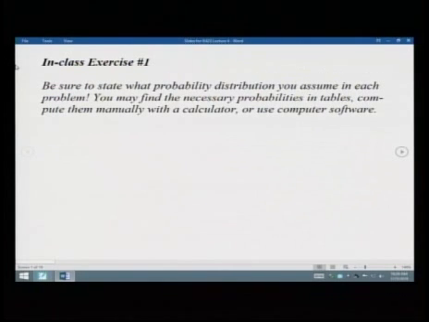Please be sure to state what probability distribution you assume for each question. And of course, you can find the necessary probabilities in the tables, or you can compute them manually with a calculator or computer software.